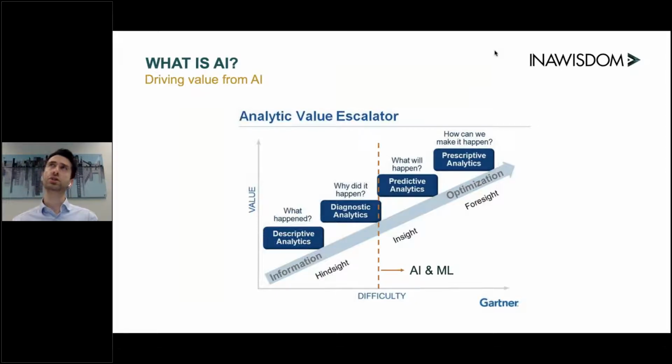When we want to describe data, or when we want to analyze why the data behaves in certain ways, then we are talking about traditional analytics. That's not AI yet. AI becomes part of the solution when we make predictions, or when these predictions are used to inform automatic decisions. And that's the area of prescriptive analytics. And that's where you can maximize the value.